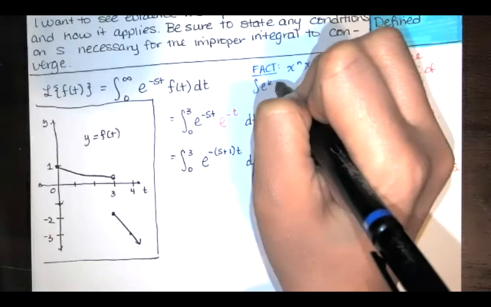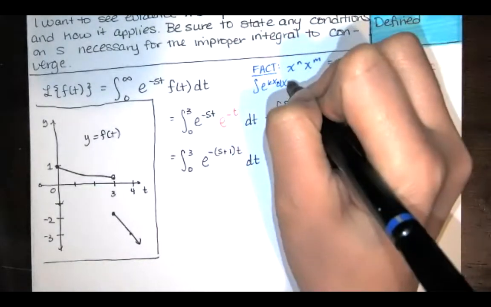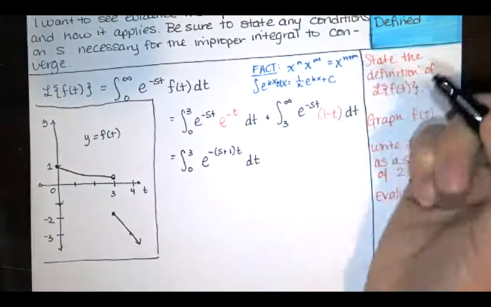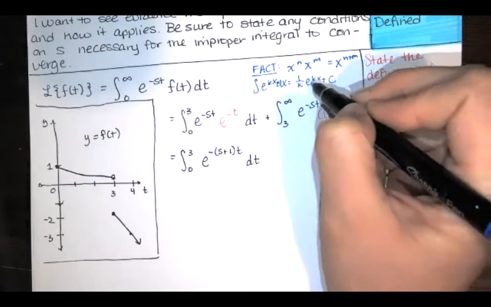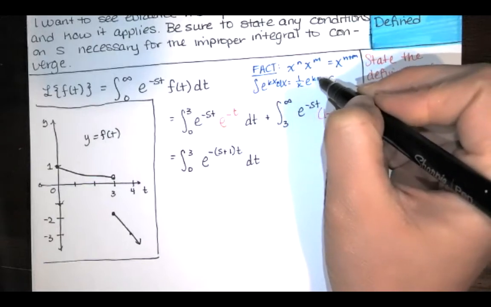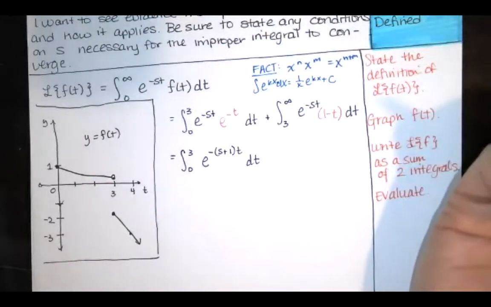Remember from calculus 1 or calculus 2 that the antiderivative of e to the kx is e to the kx times 1 over k plus c. Now remember where that 1 over k comes from. If we're taking the derivative of e to some power, we get e to that power times the derivative of the inside. So I'd multiply by k if I were taking the derivative. Since I'm taking the antiderivative, I divide by k.